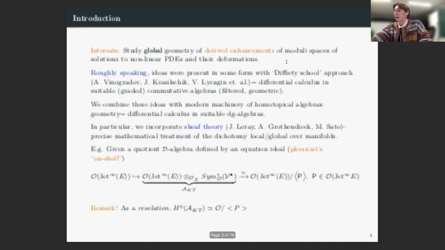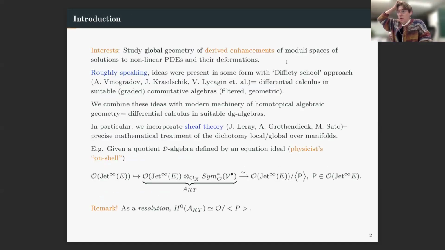In particular, what I want to discuss today is how this PDE geometry that we all know and love, formulated in the jet bundle approach and based on these homological techniques, can be adapted with a mix of some other techniques to treat some very singular situations and can be globalized.